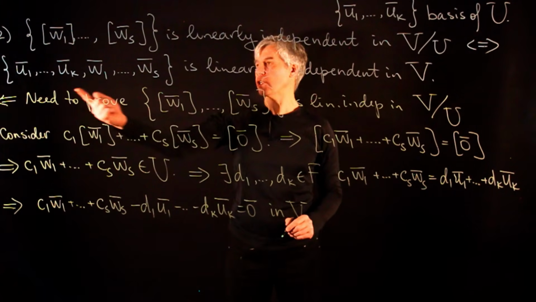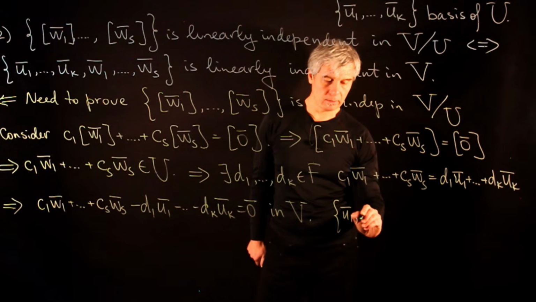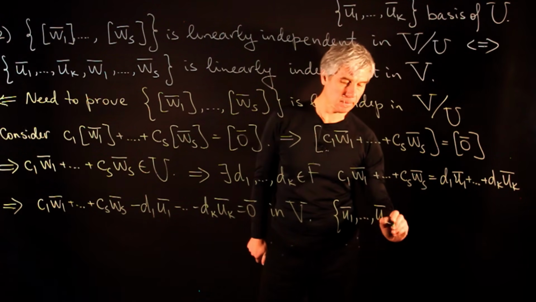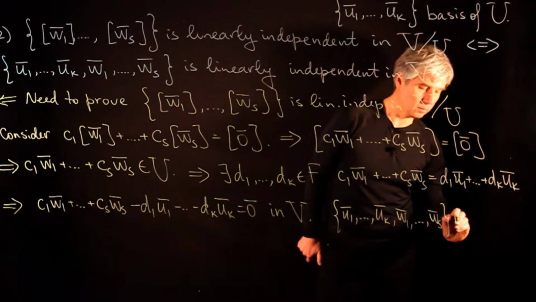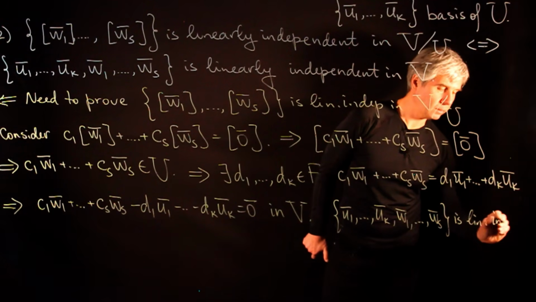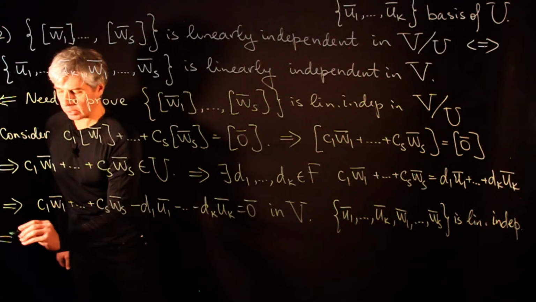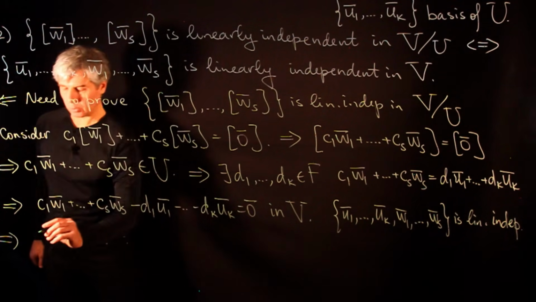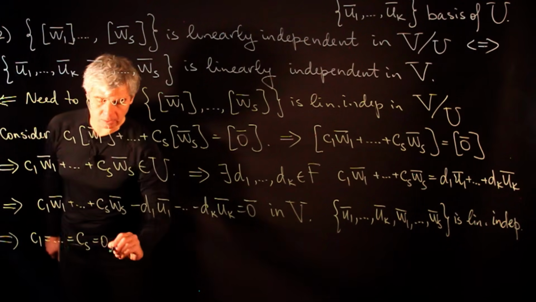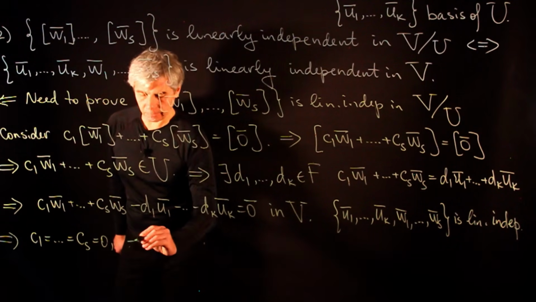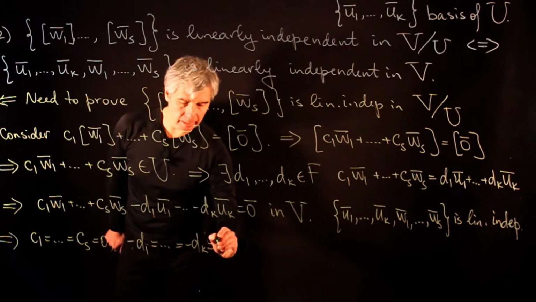But our assumption is that this combined set is linearly independent. And this implies that all coefficients in this linear combination are equal to 0. So this tells us that all C coefficients are equal to 0, and all D coefficients are equal to 0.